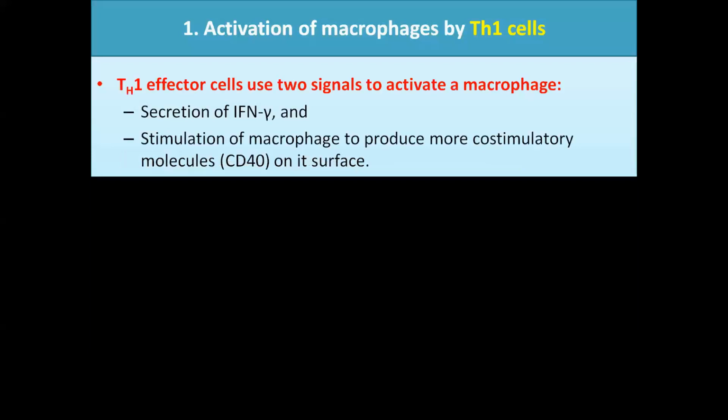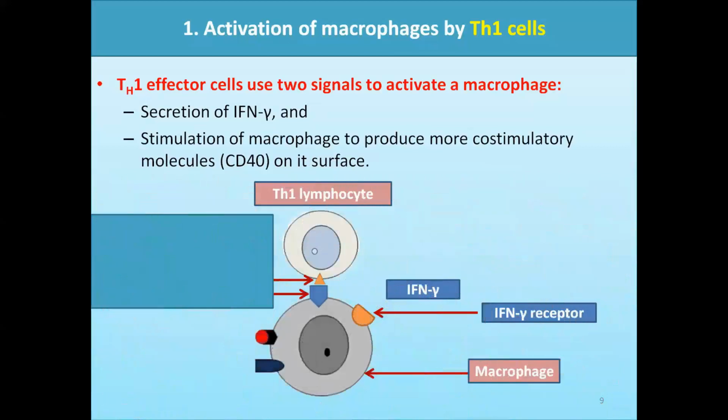Now let's study how Th1 cells help macrophages in their function. Th1 effector cells use two signals to activate a macrophage. The first signal is that Th1 lymphocytes secrete gamma interferon. Gamma interferon binds with its receptor present on the surface of the macrophage.